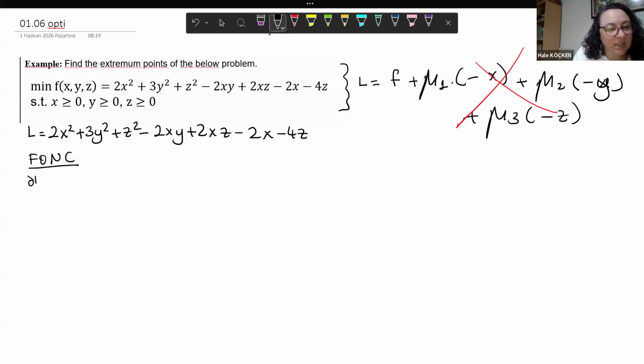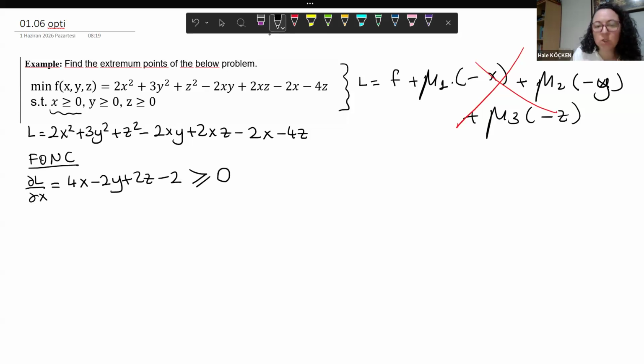What is that? dL over dx. What is it? 4x minus 2y plus 2z minus 2. I know that if x is a free variable, I will write it equal to 0. But since it is greater than or equal to, it must be greater than or equal to 0.